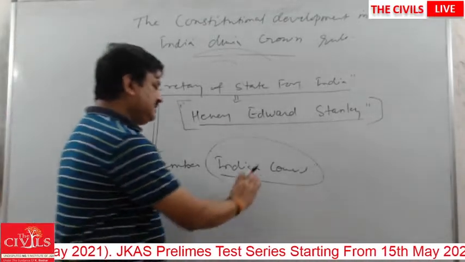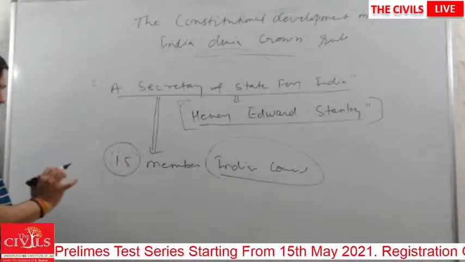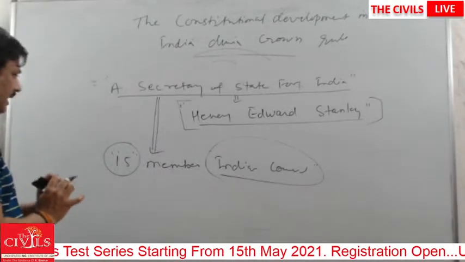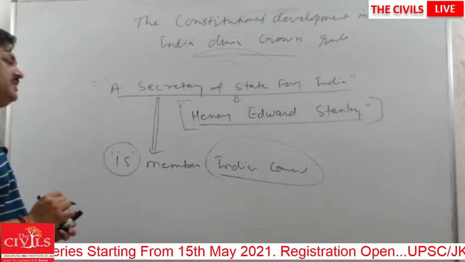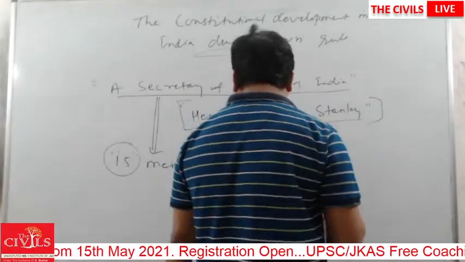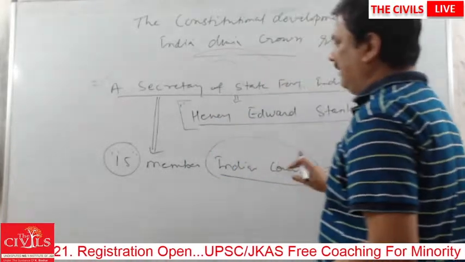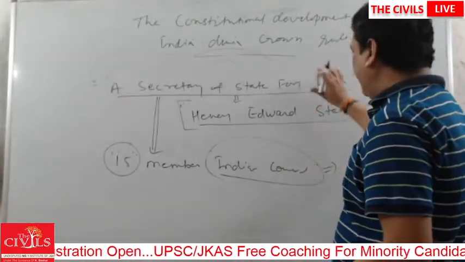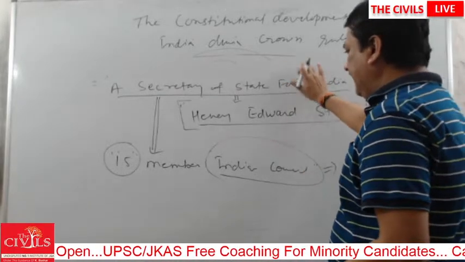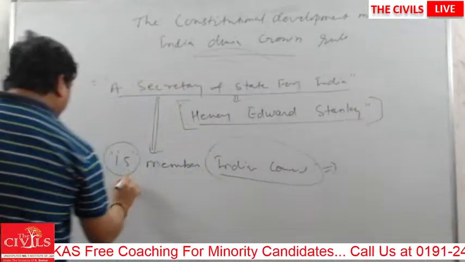India Council was to assist the Secretary of State. A 15-member India Council was also formed. The entire administration of India was in the hands of the Secretary of State and its council.